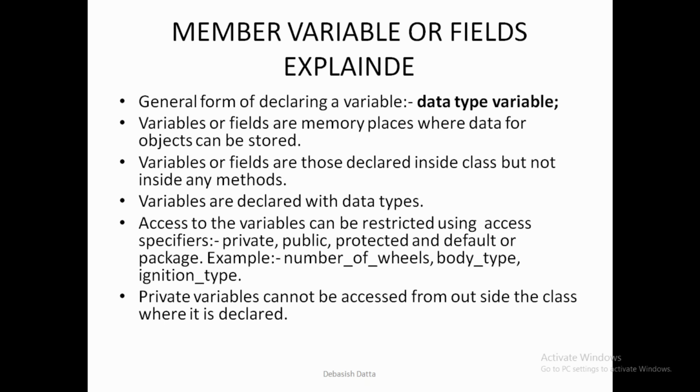For the time being, keep in mind that access specifiers are used to restrict the access of member variables, and private variables, that means the member variables which are declared with the access specifier private, cannot be accessed from outside the class where they are declared.